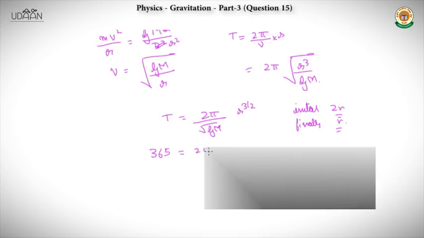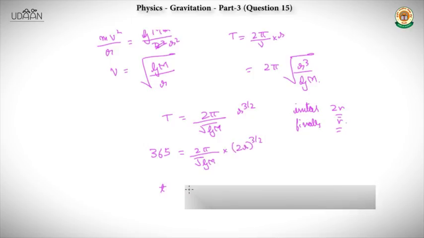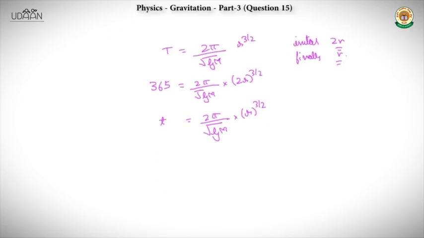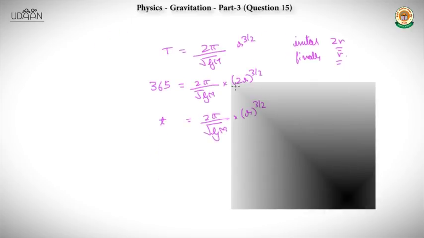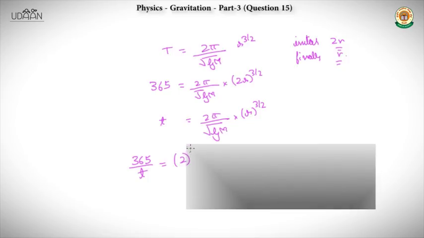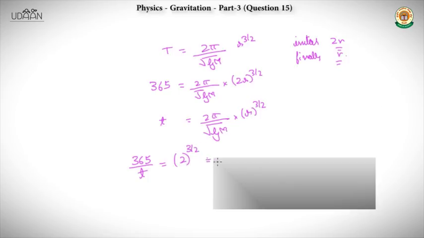And 365 is equal to 2 pi upon root GM into 2r to the power of 3 upon 2, and finally t is equal to 2 pi upon root GM into r to the power of 3 upon 2. So basically we're assuming that the initial distance was 2r, not r, because we have to reduce it, so we have to divide this. So 365 upon t would be 2 to the power of 3 upon 2, because r would get cancelled off.